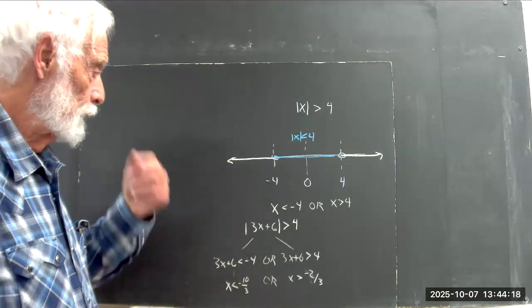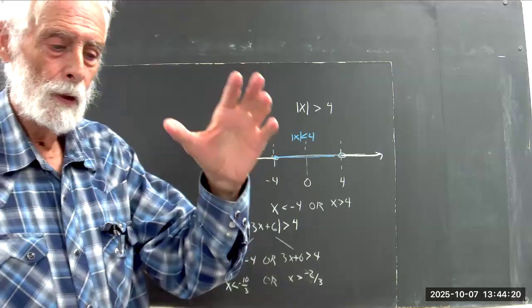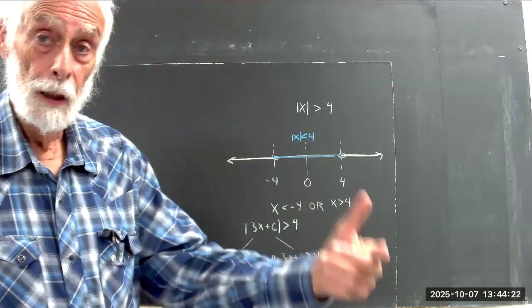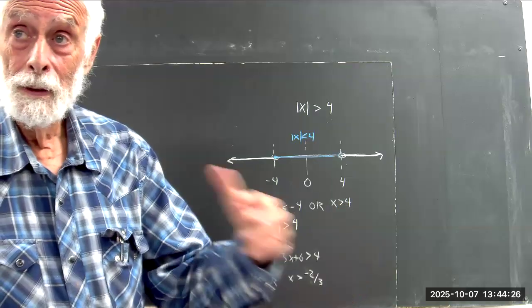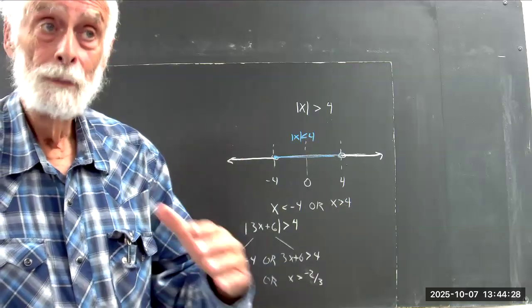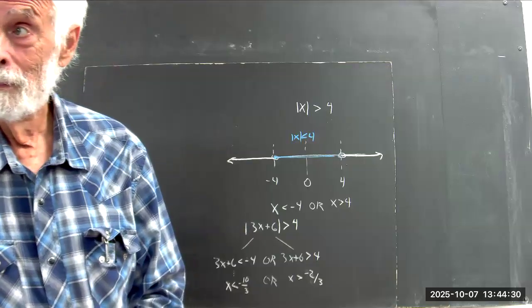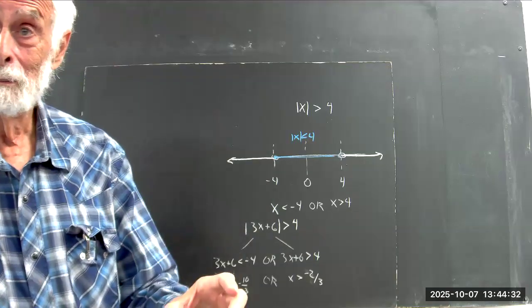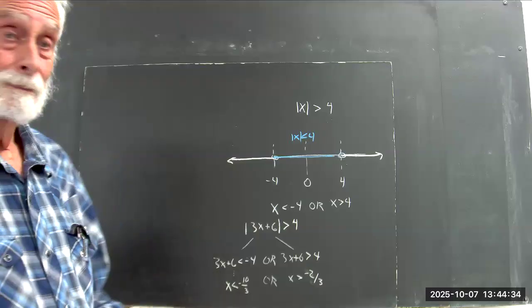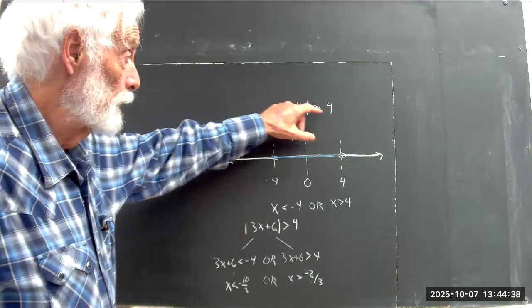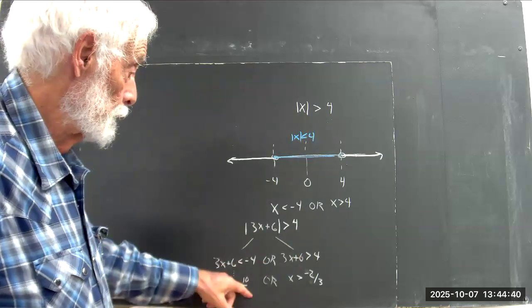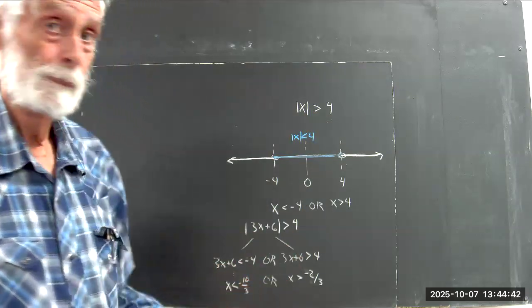If you have an inequality with an absolute value less than a number, that breaks into two inequalities with an and, as you saw previously. When it's an absolute value greater than a number, it breaks into two inequalities with an or.